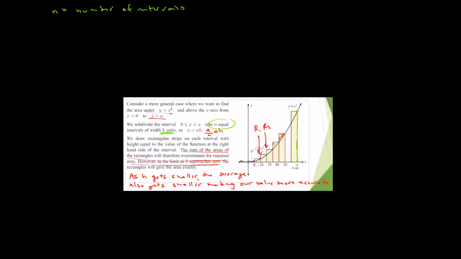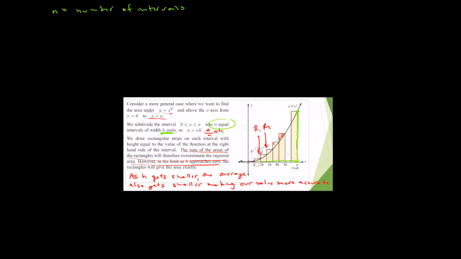So here we are a away from the origin, and we are also that height.